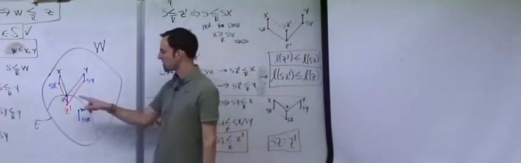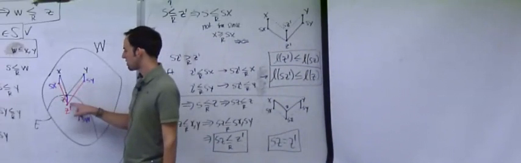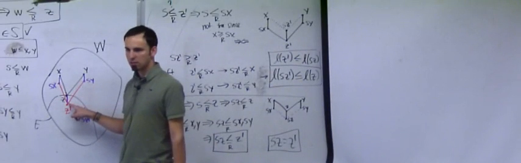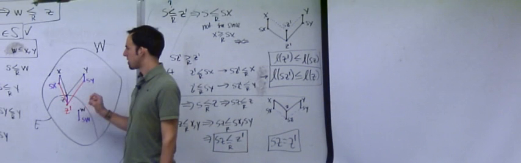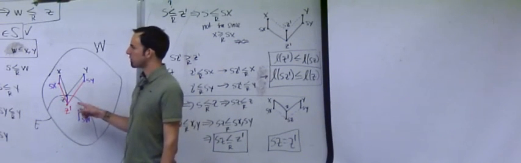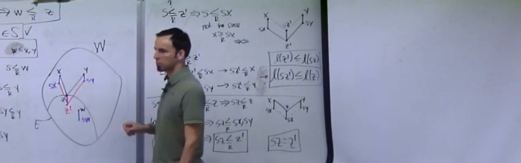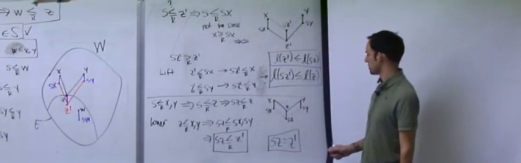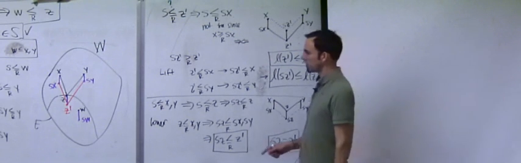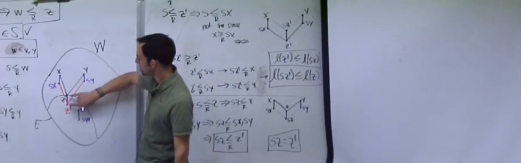So our guess was right. The meet of sx and sy is sz. But what is it that I'm trying to prove? I'm trying to prove that w is less than or equal to z. How do I know that w is less than or equal to z? The reason I know that w is less than or equal to z is that, again, these two guys differ by the same thing.